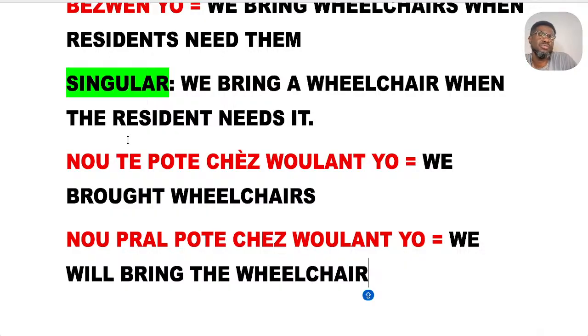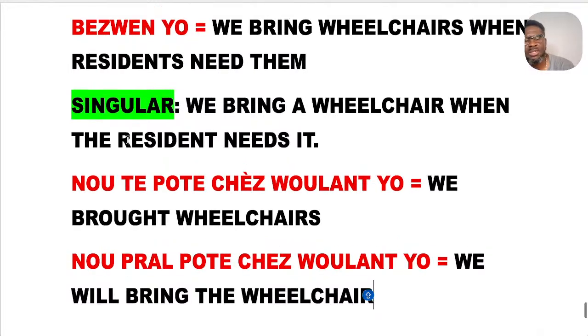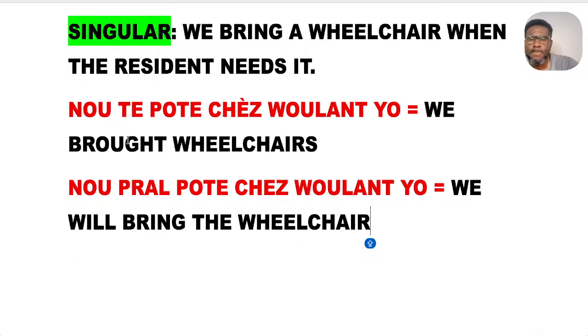Oh non, tous les deux c'est futur. D'accord, guys? Li ka passé. Pas besoin trop strict avec anglais, hein, guys. Faut que nous formel, faut que nous respecter radio, c'est vrai, mais il y a des bagailles qui ka passé. Alright? Nous pral porter chaise roulante yo. We will bring the wheelchair.